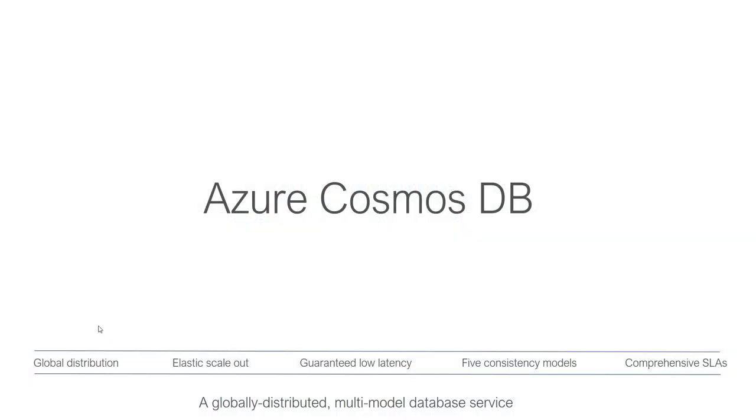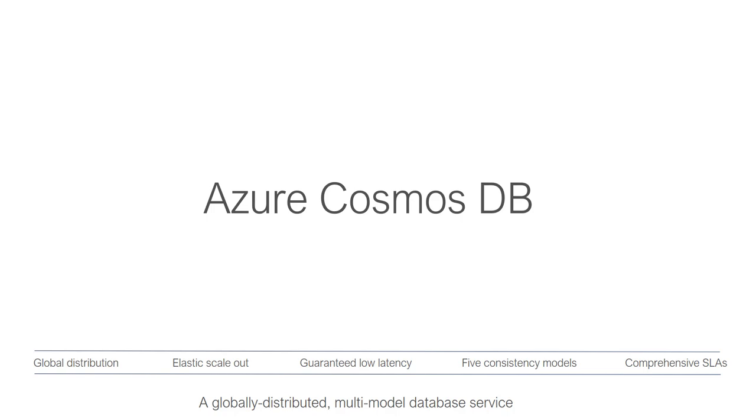Azure Cosmos DB is a database born in the cloud. The fundamental design goals since inception were automated global distribution, limitless scale, low latency, high throughput, well-defined five consistency models, and comprehensive SLAs.